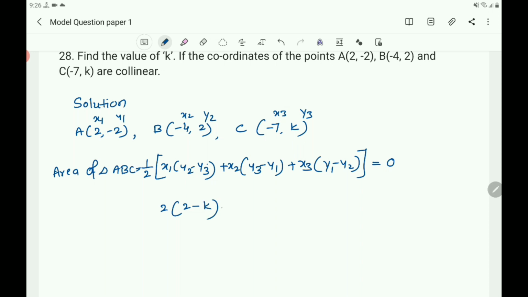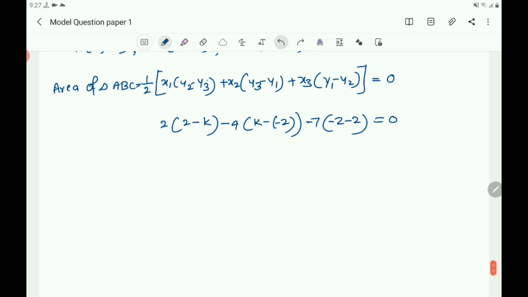So 2 into 2 minus k plus x2, x2 is minus 4, into y3 is k minus y1, y1 is minus of minus 2, plus x3 is minus 7, so you write minus 7 into y1 is minus 2 minus y2 is 2 equals 0.